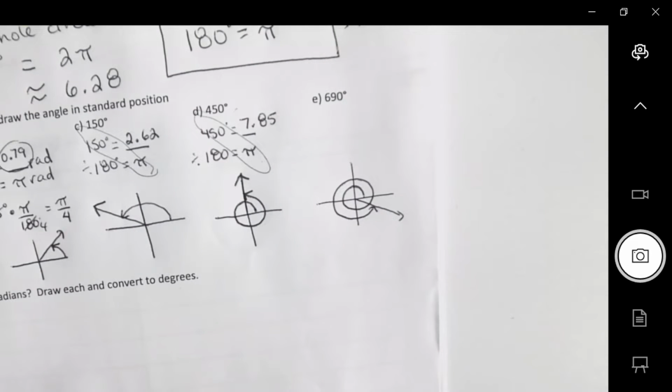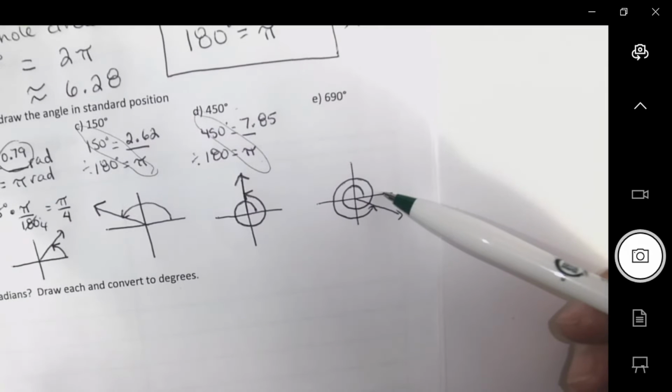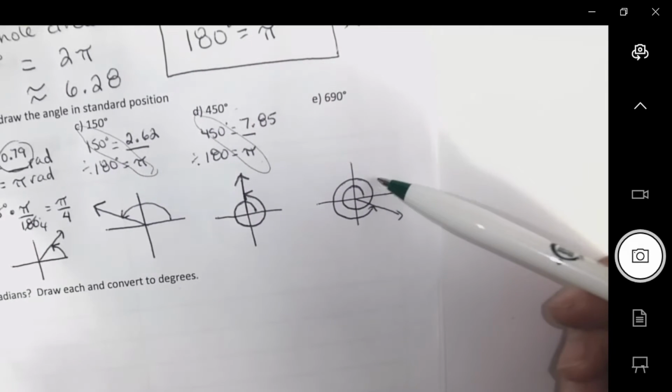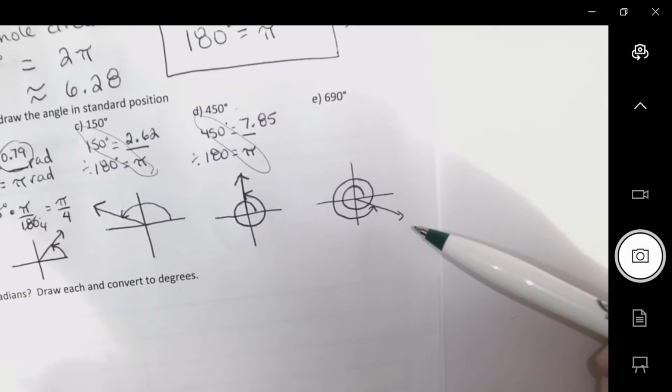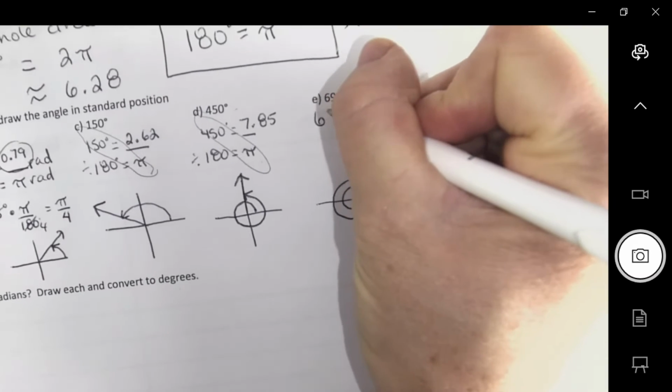Okay, so do we have a guess on the number before we even try it? My guess is like 12-ish because 6.28 and then it's almost doubled that. So let's see what we can come up with.